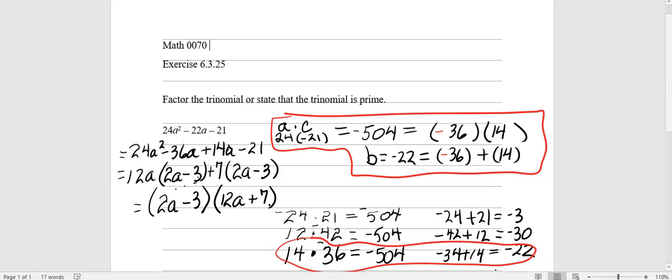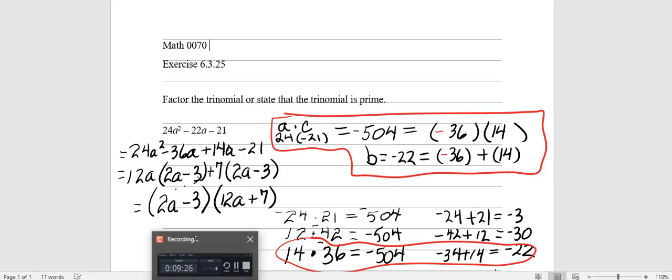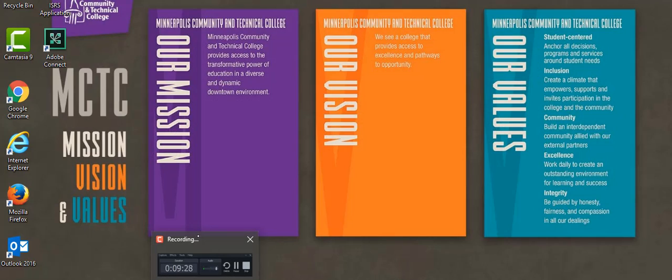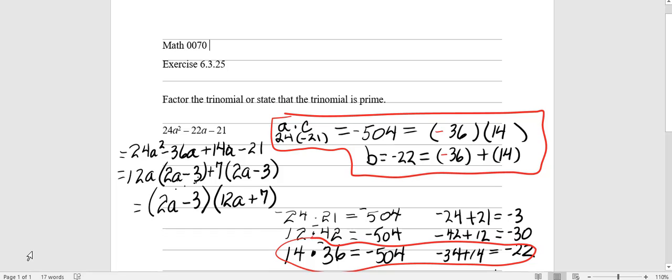And we can always check this. We know that first times first is 24a squared: 2a times 12a is 24a squared. Outside times outside is plus 14a. Inside times inside is negative 36a.